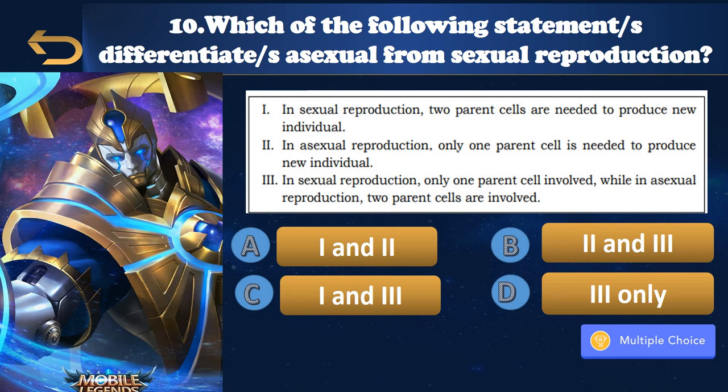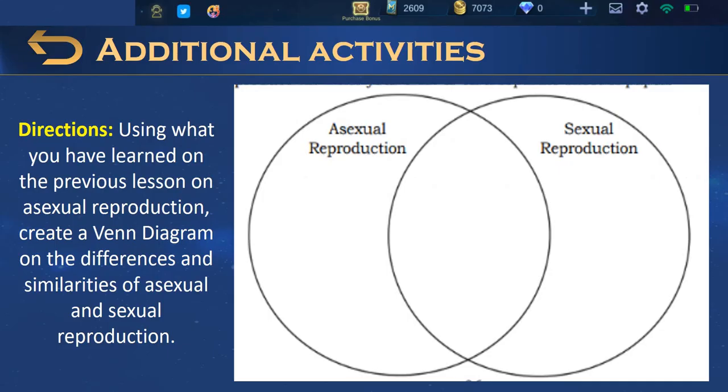In sexual reproduction, only one parent cell is involved, while in asexual reproduction, two parent cells are involved. Is it A, 1 and 2, B, 2 and 3, C, 1 and 3, and D, 3 only? And go. The correct answer is letter A, 1 and 2.